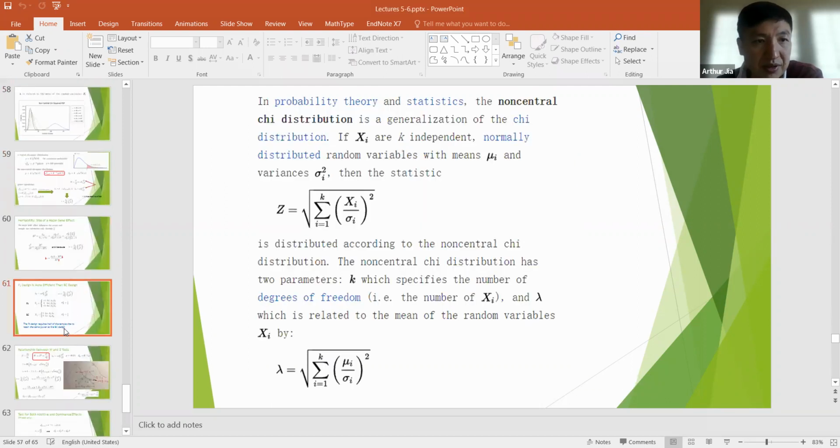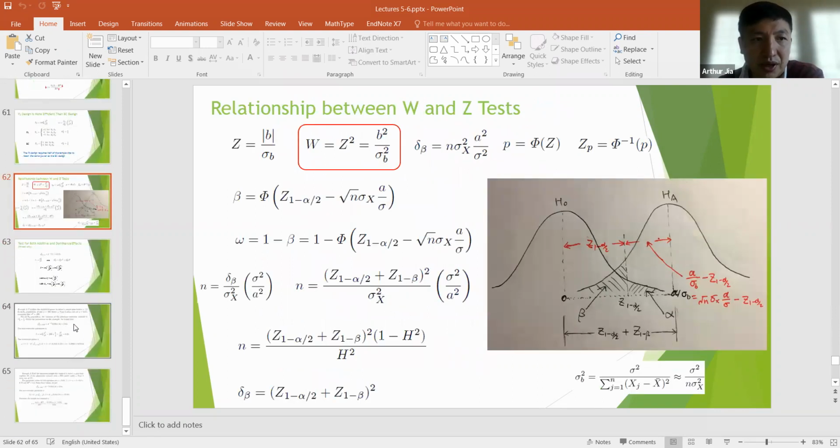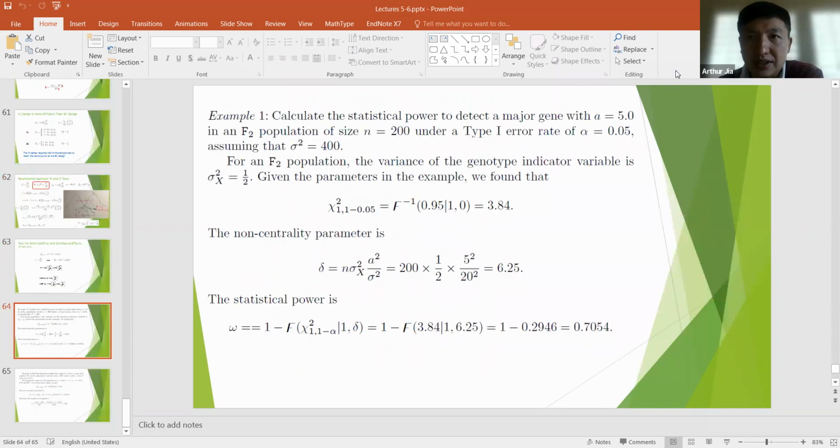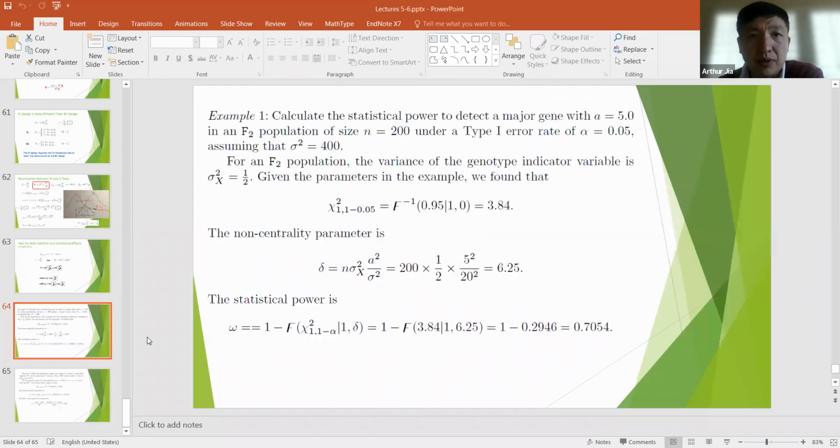Another thing in this chapter is how to calculate the required sample size, the power analysis. I think I provided some R code for you. Just practice that code and try to understand what it is for, and you can also take a look at these 2 examples here.